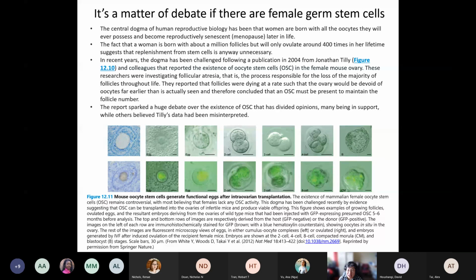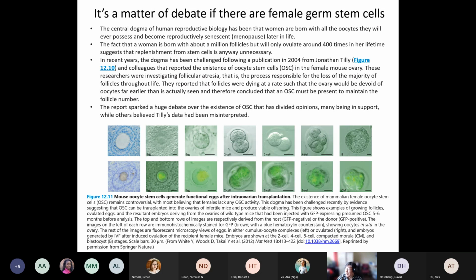Because you have a million follicles, but they get lost gradually throughout life. That process is called atresia. They studied atresia, and by labeling those follicles, they found that the process of losing the follicles is much more rapid than we have appreciated.